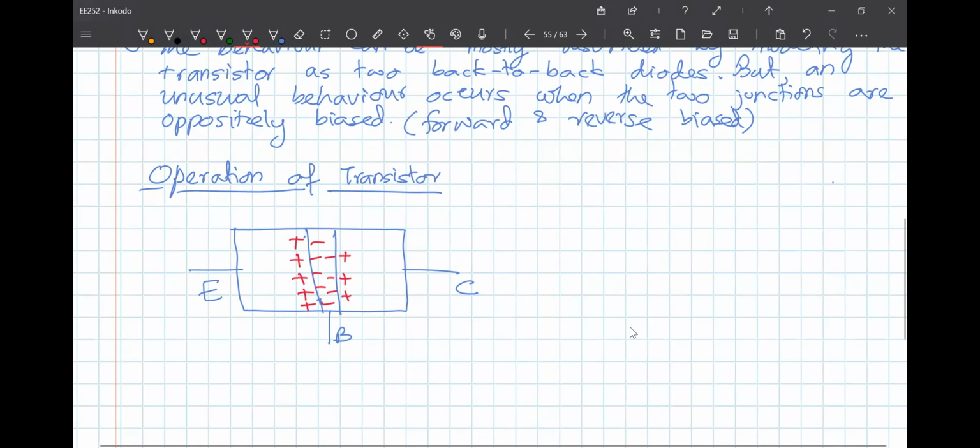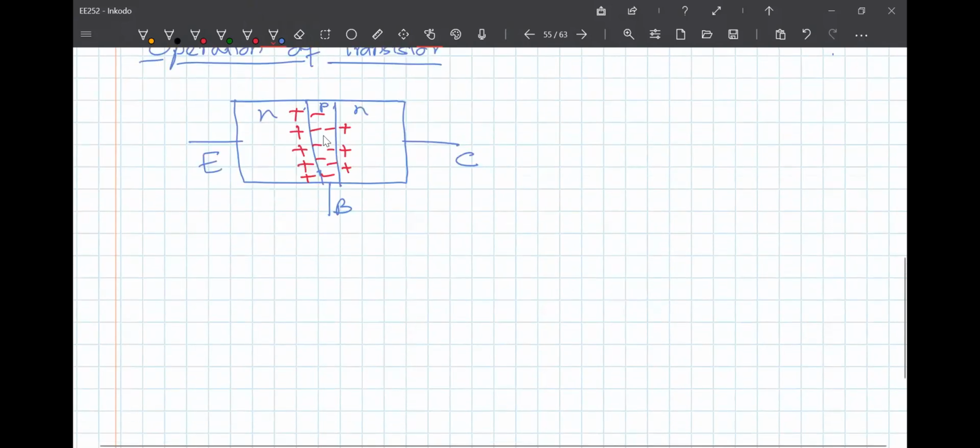When not connected to anything, it looks like this. But when the emitter-base junction is forward biased, let's take that case first. Forward bias means the base is at a higher potential than the emitter, so that the current, if needed, can flow, right?